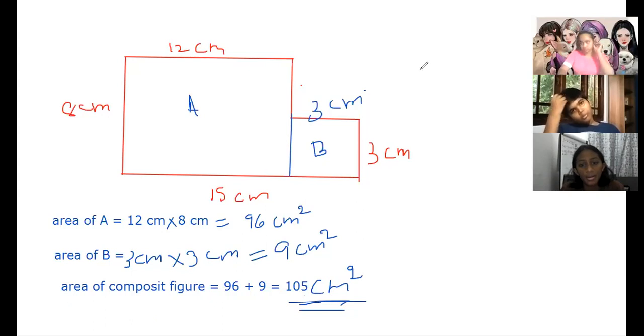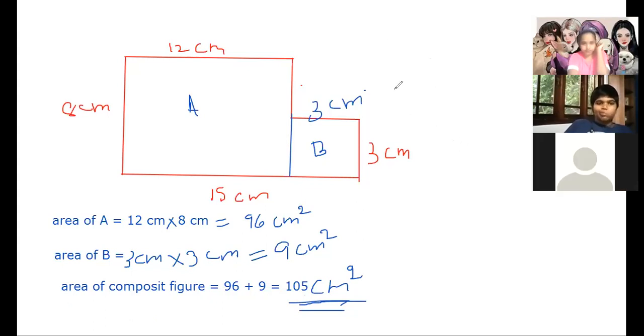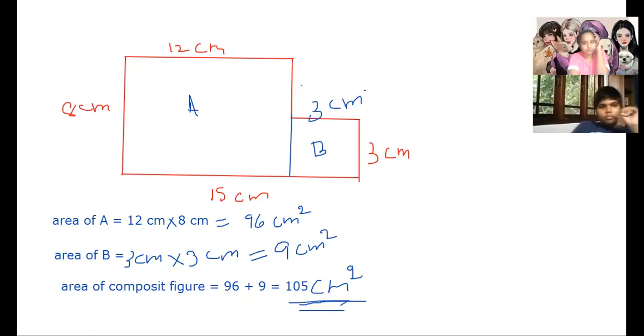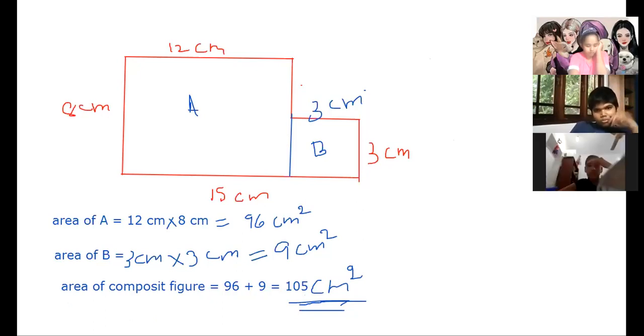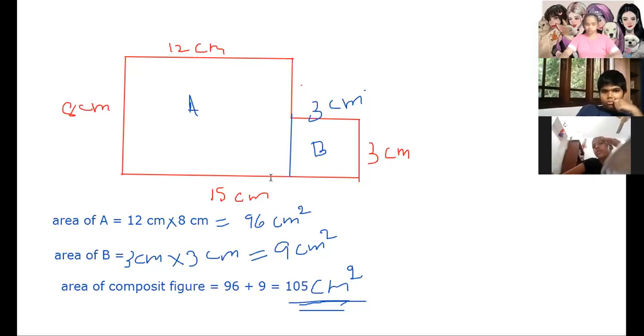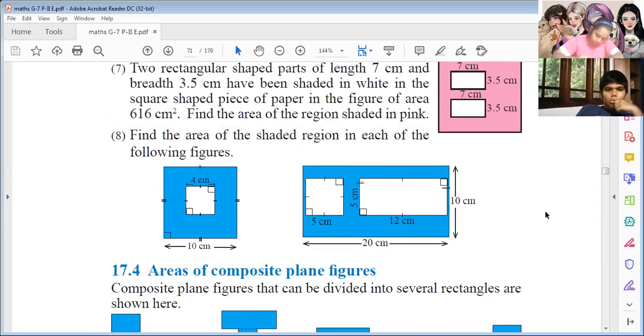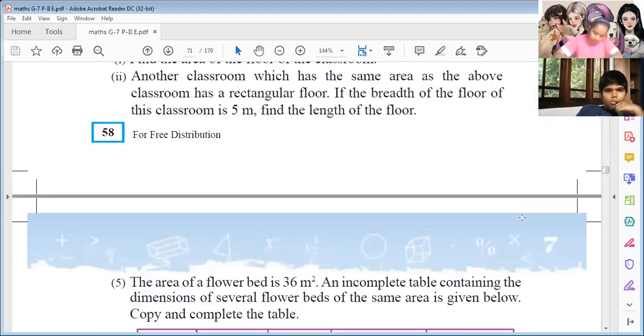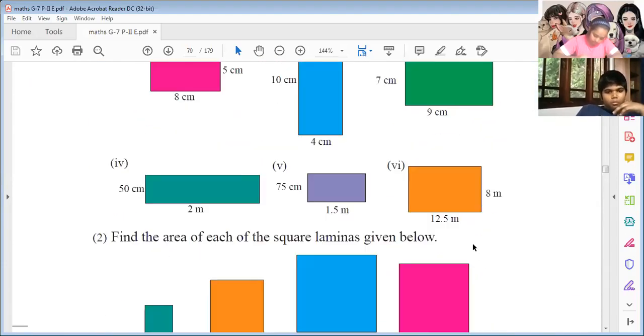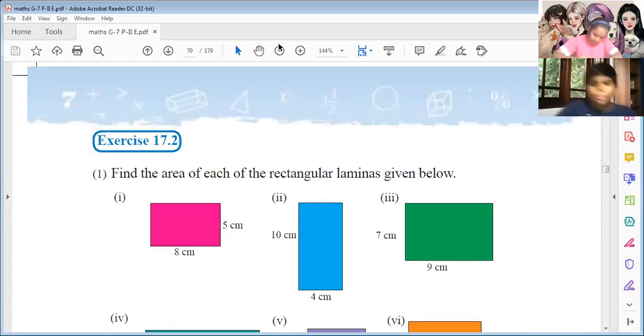Okay, can you understand about area? Yes. Yes, sir. Now you mark the homework of this lesson. 17.2 homework.